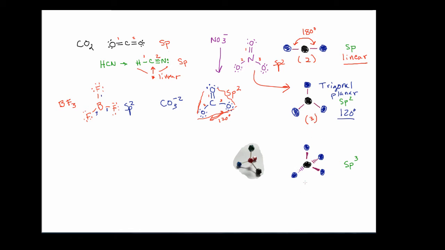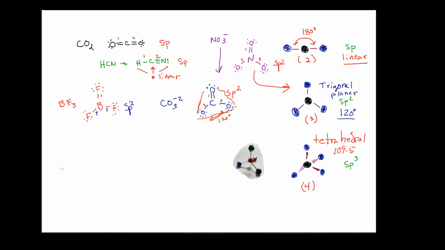And then down here, the tetrahedral arrangement, we have 4 things bonded to the central atom. This geometry is called tetrahedral, and my bond angles are going to be 109.5 on these kinds of molecules.